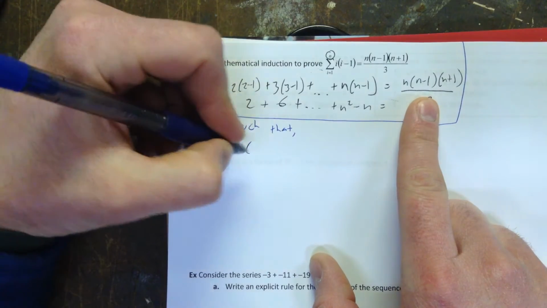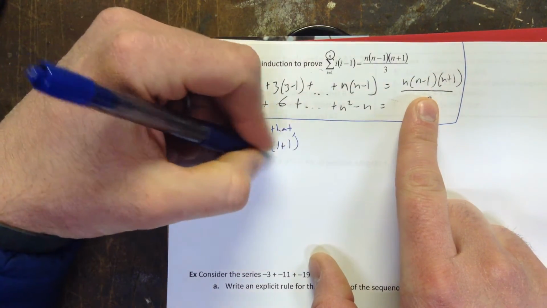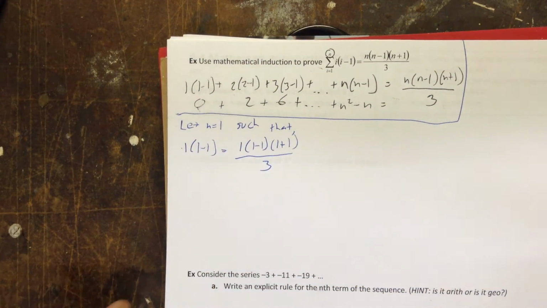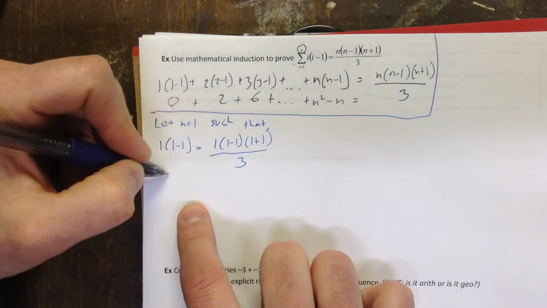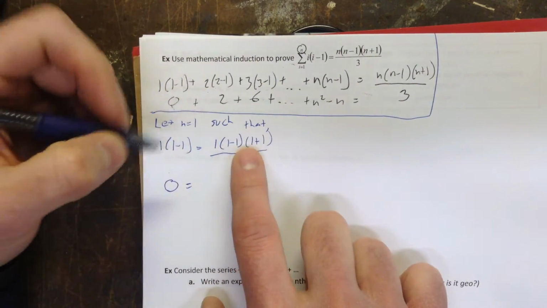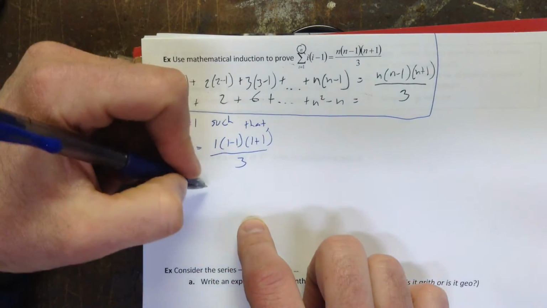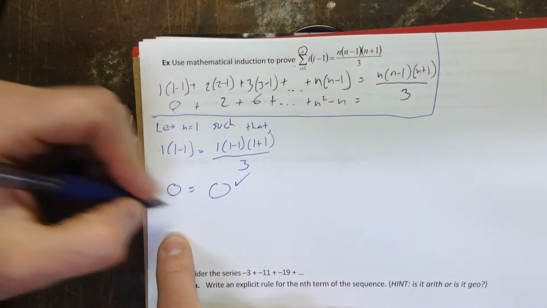That is going to be 1 times 1 minus 1, 1 plus 1 over 3. Now once again, just like always, left side and right side need to look the exact same. So let's see if we can do that. Over here, that's going to be a 0 times 1, which is going to be 0. Over here, this guy is going to be the 0, and so once again, everything's going to go away, and you end up with 0. Totally works.